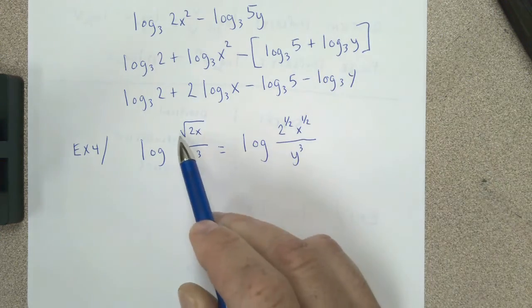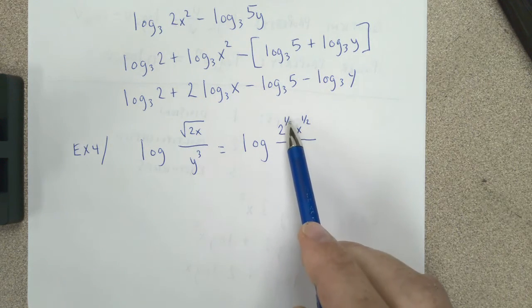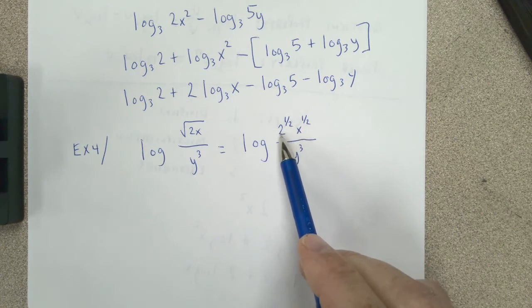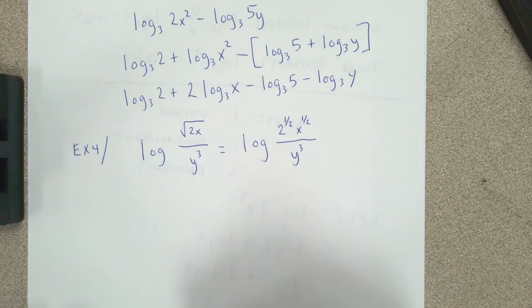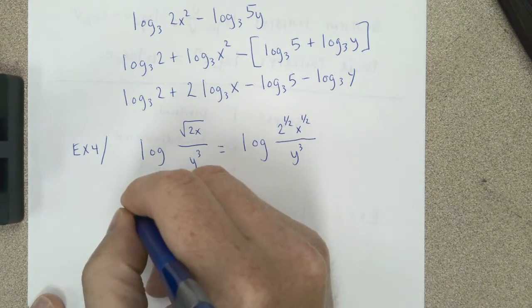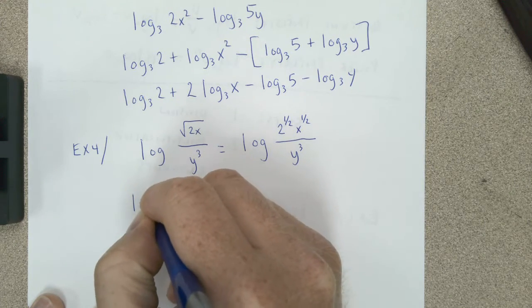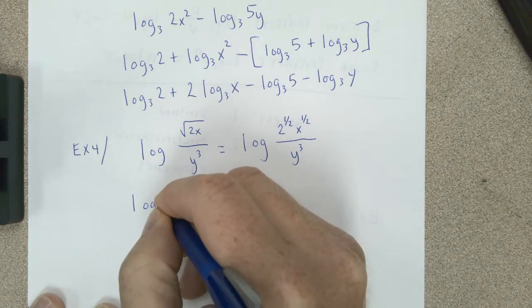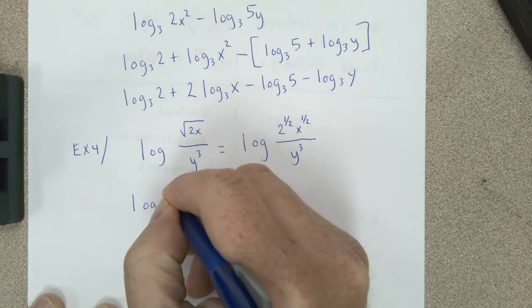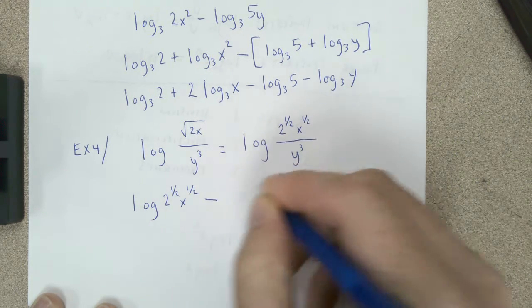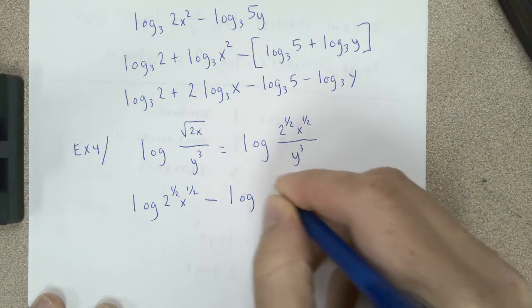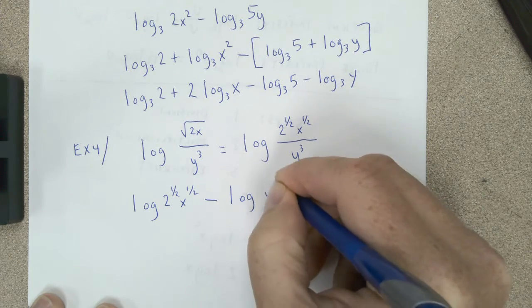So remember, square root, power over root, so power is 1, the root is 2, so 2 to the 1/2, x to the 1/2. We then can go ahead and do our division, so log of 2 to the 1/2, x to the 1/2, minus the log of y to the third.